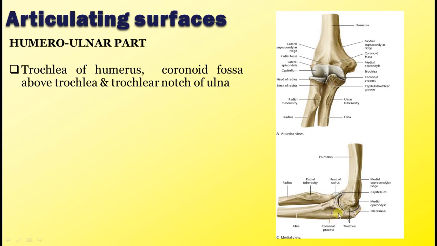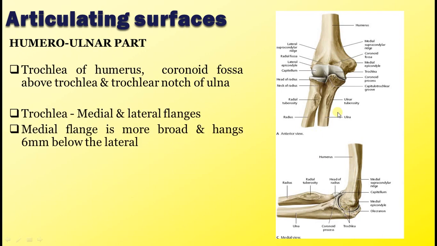In between these two, there is a narrow strip. The trochlea is made up of the medial flange and the lateral flange.